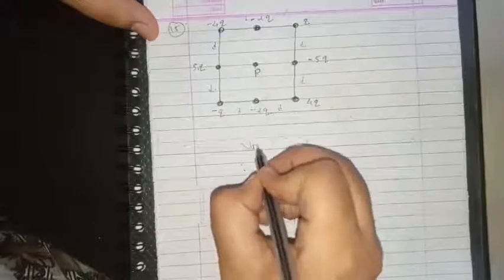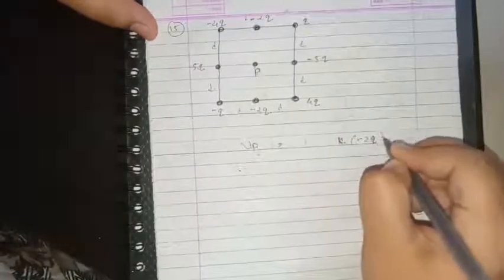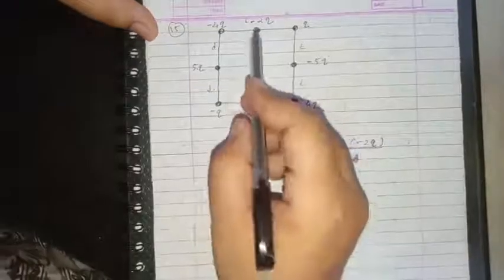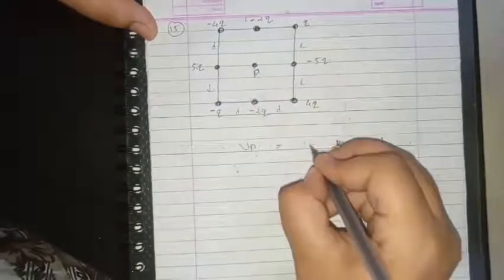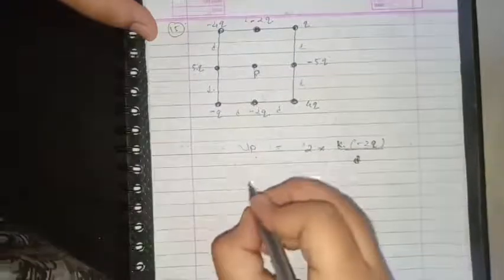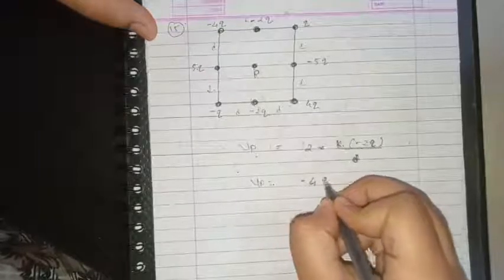So potential at P can be written as K into charge, that is minus 2q, divided by distance. This distance is d, but this is due to both the charges, so we can say potential at P is 2 times K minus 2q by d. So this will be minus 4q.